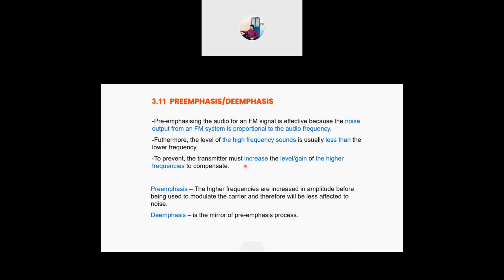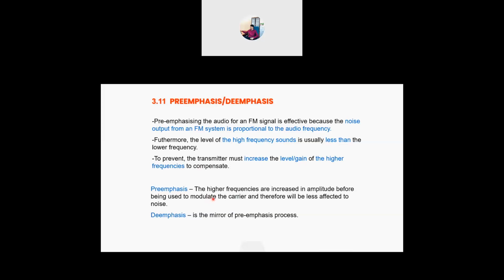To prevent this, before we transmit, we must increase the gain of the higher frequency in order to compensate for this difference of level. So in pre-emphasis, the higher frequencies are increased in amplitude before being used to modulate the carrier. Therefore it will be less affected by noise.